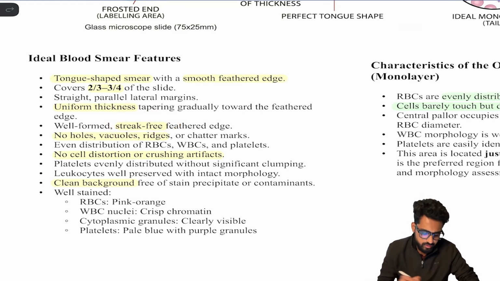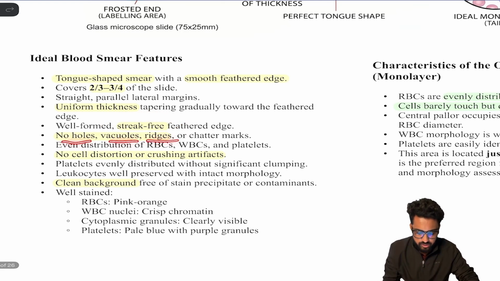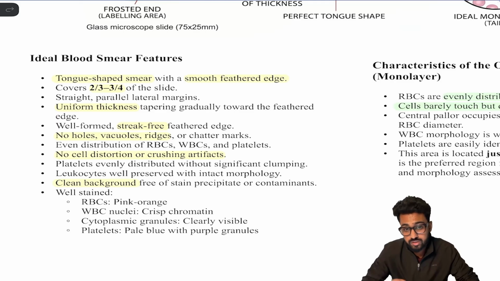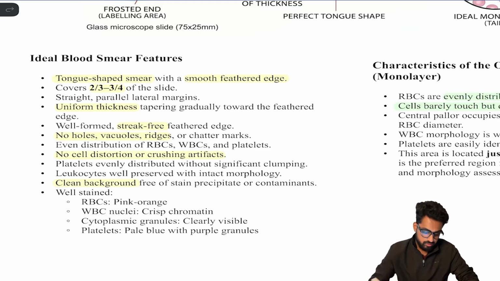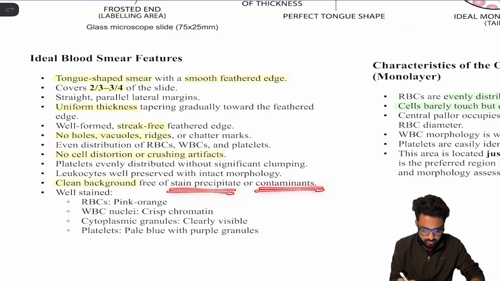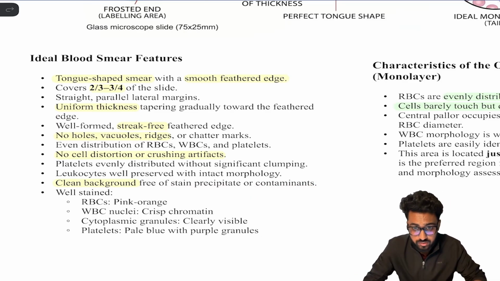There should be no streaks, holes, vacuoles, or ridges, so you should always clean the slide properly before making the PS. Then no cell distortion or crushing artifacts, and a clean background. There should be no precipitate or contaminants that will obscure the results.